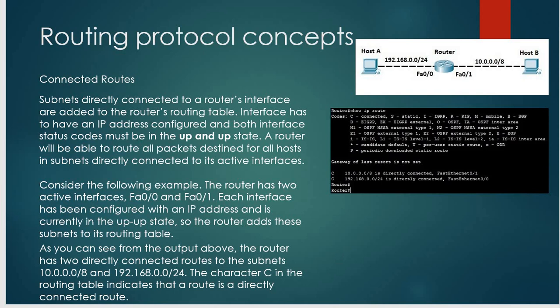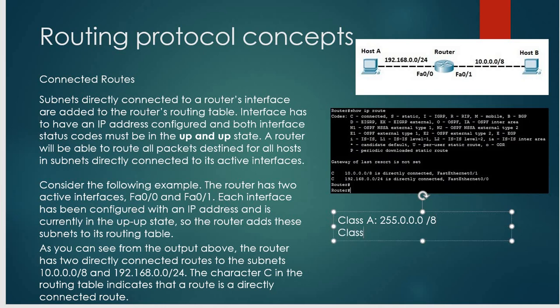In the last class, I already explained about the classes of IP addresses. 255.0.0.0 is the class A network, and we also call this the /8 network.